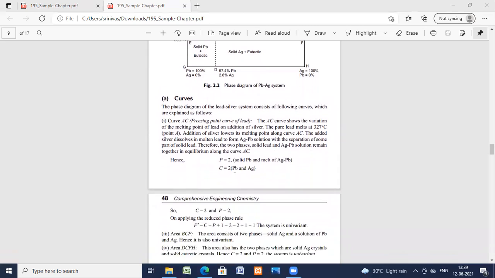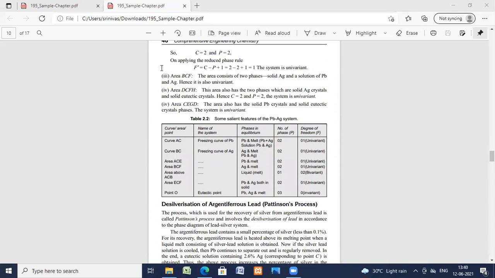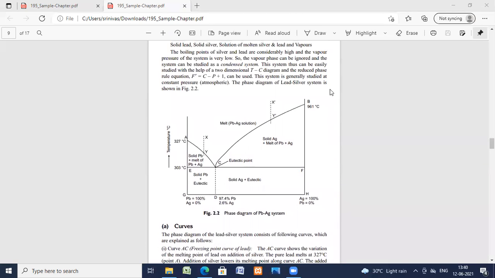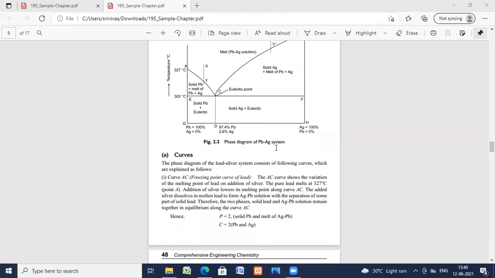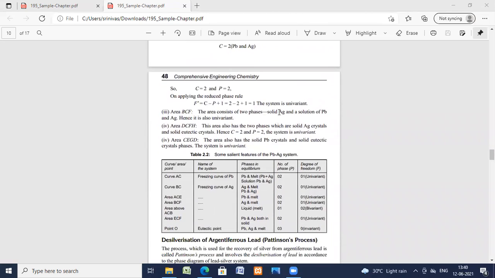Now let us have a look at the areas. Area BCF. This area consists of two phases. In this area, you are having solid Ag and the melt. Hence, it is a univariant system.